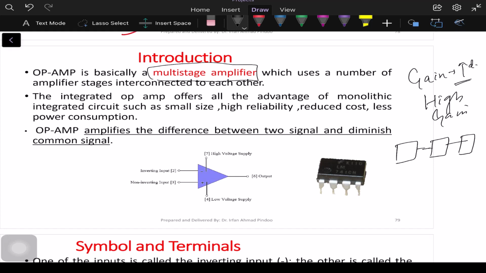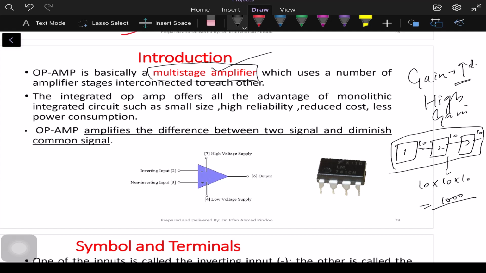There's a concept in analog electronics that if every stage has a gain of 10, what will be the overall gain of this circuit? You just multiply all the values. So this can offer a gain of 1000 times. That is exactly what is happening in the multi-stage amplifiers present in operational amplifiers.